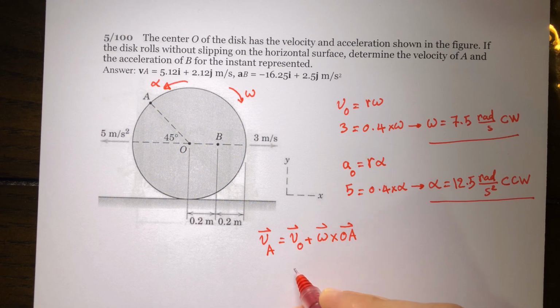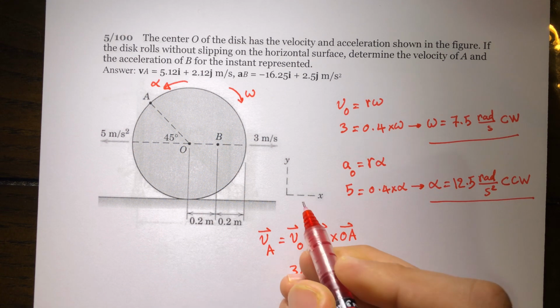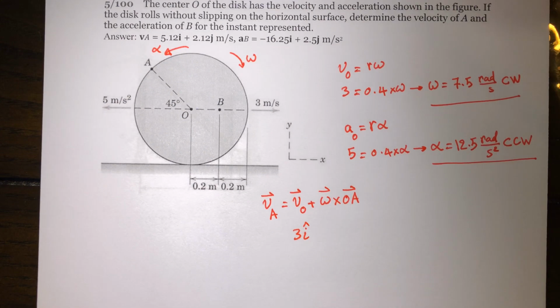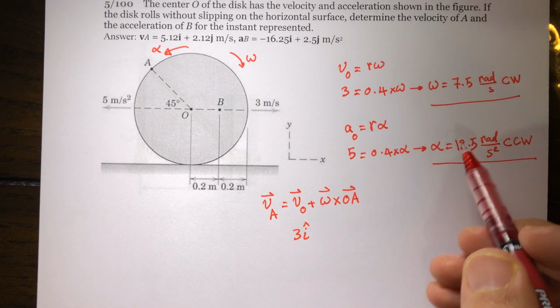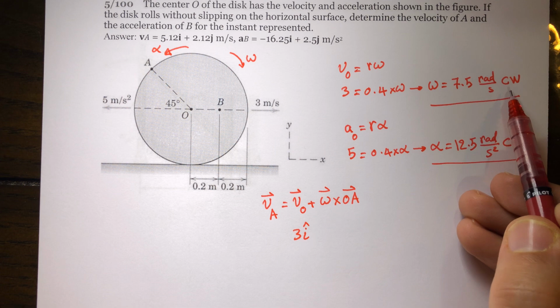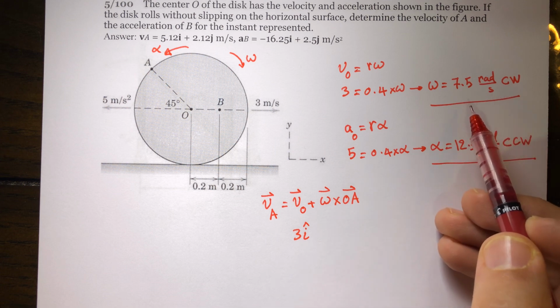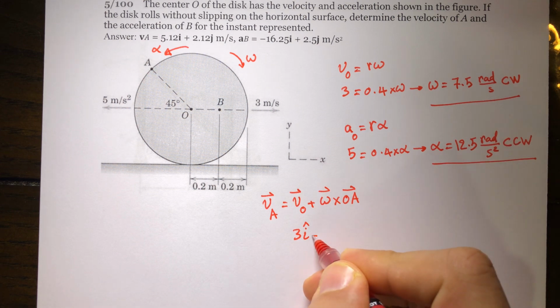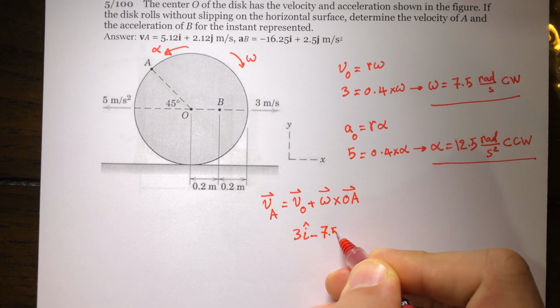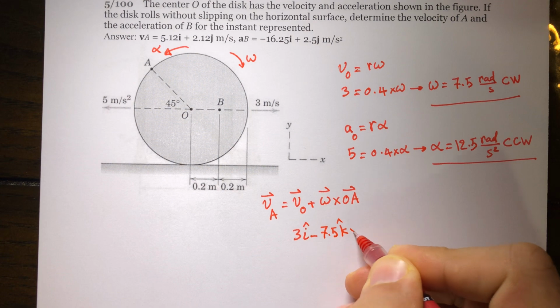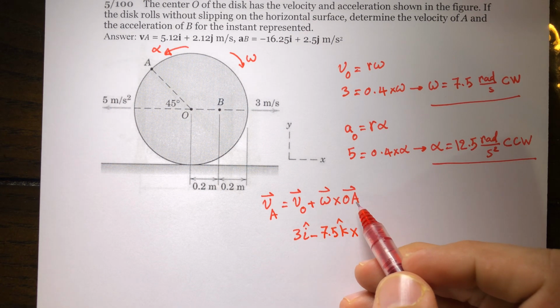Velocity of O is 3 in the I direction. This is my I direction. And omega, it is 7.5 in clockwise direction. So it's going to be negative 7.5 K, right? So negative 7.5 K cross product to OA.